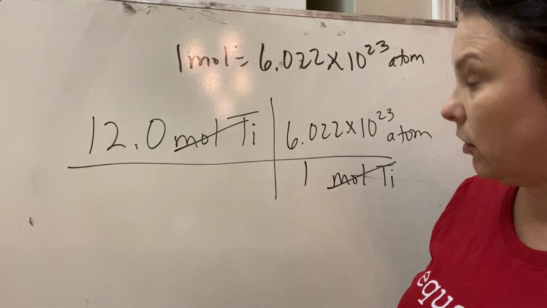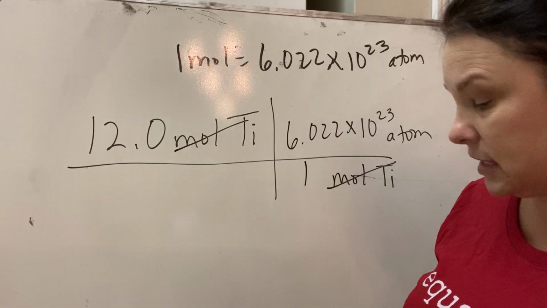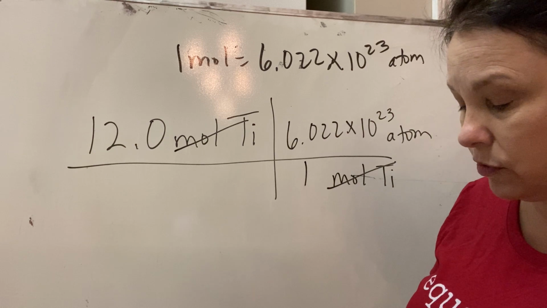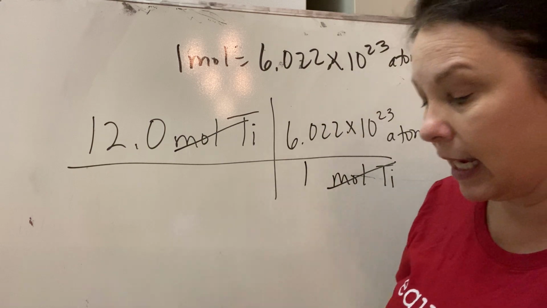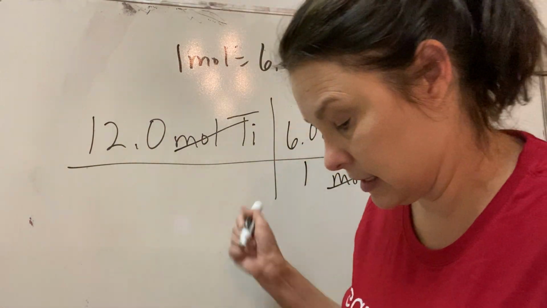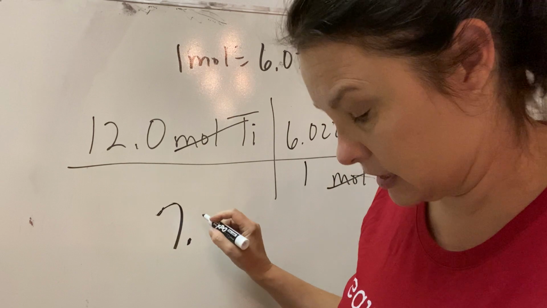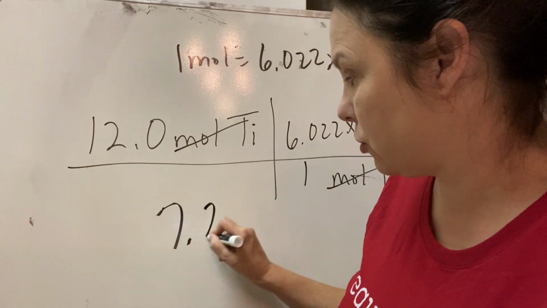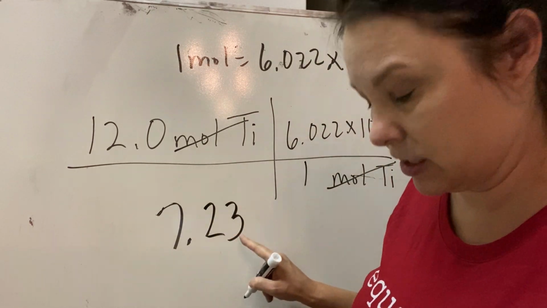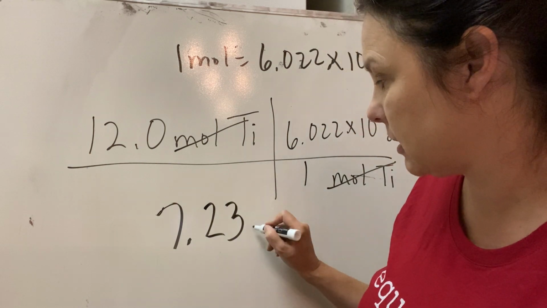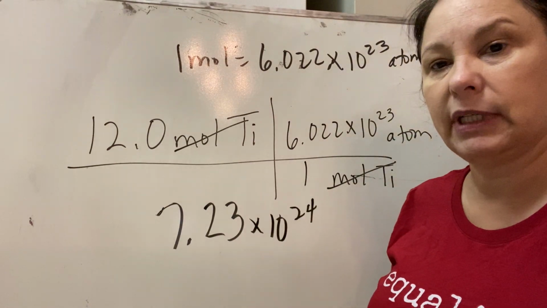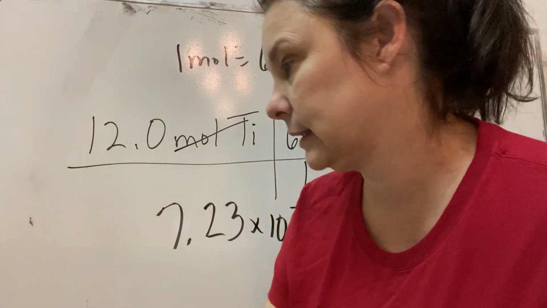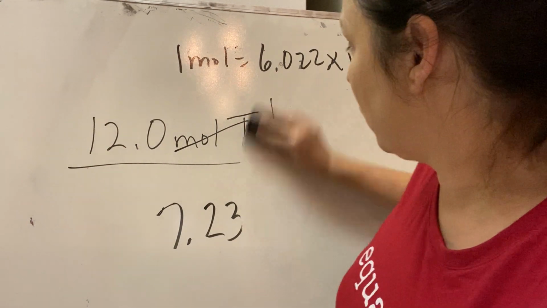So we are going to say 12.0 times 6.022 times 10 to the 23rd, and I get 7.23 if I round that last digit up, because there's a 6 next door to it, times 10 to the 24th. Okay? All right.